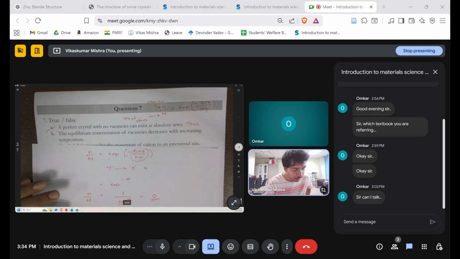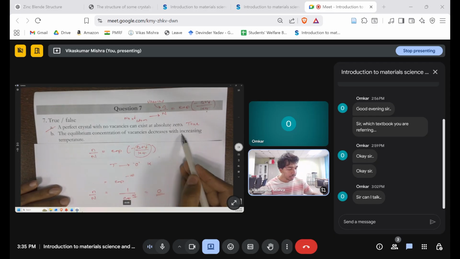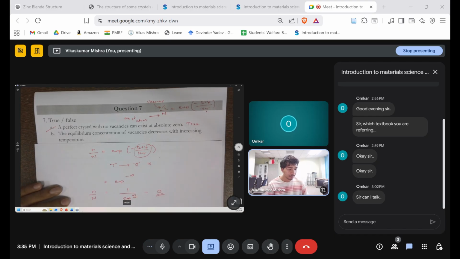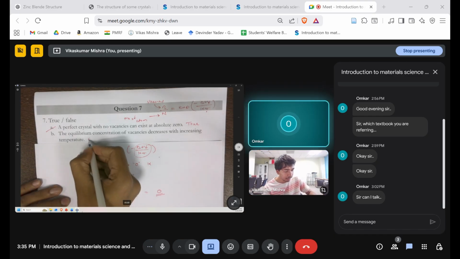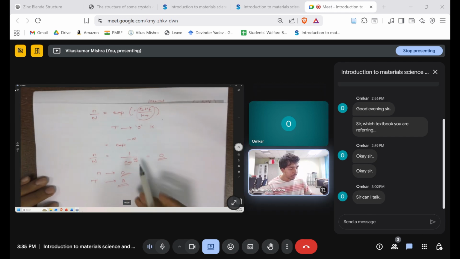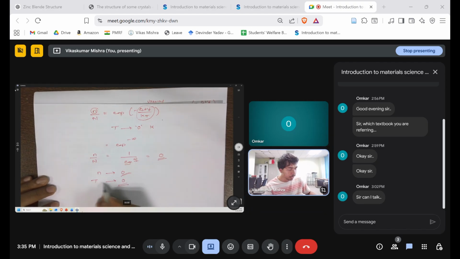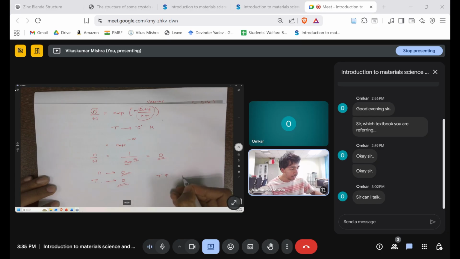Let's go to the next part. B. The equilibrium concentration of the vacancy decreases with increasing temperature. False, right? It increases with the increase in temperature. Absolutely. Great. Since we were decreasing the temperature, n was decreasing, right? T was tending to 0 and n was also tending towards 0. If I increase the temperature, my n will also increase.